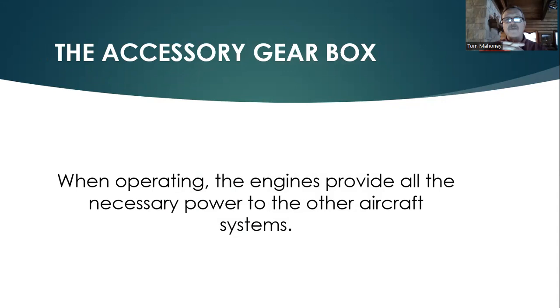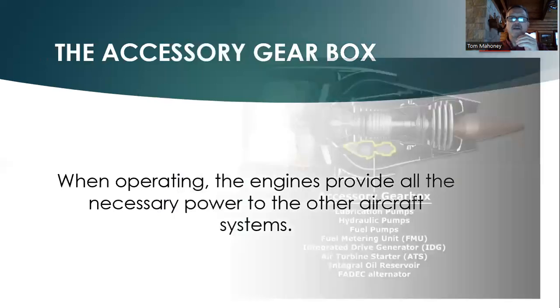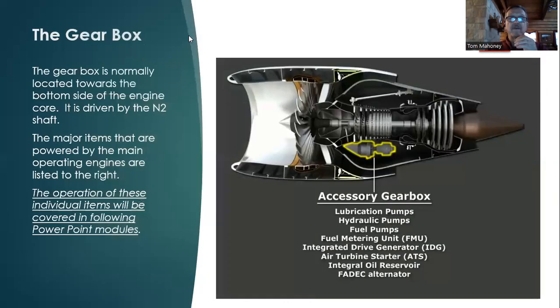Let's talk about the accessory gearbox on these engines. You have to be able to translate the jet engine power into other types of power that are used throughout the aircraft. So this is how they do it. They do it with an accessory gearbox. The accessory gearbox is this right here.